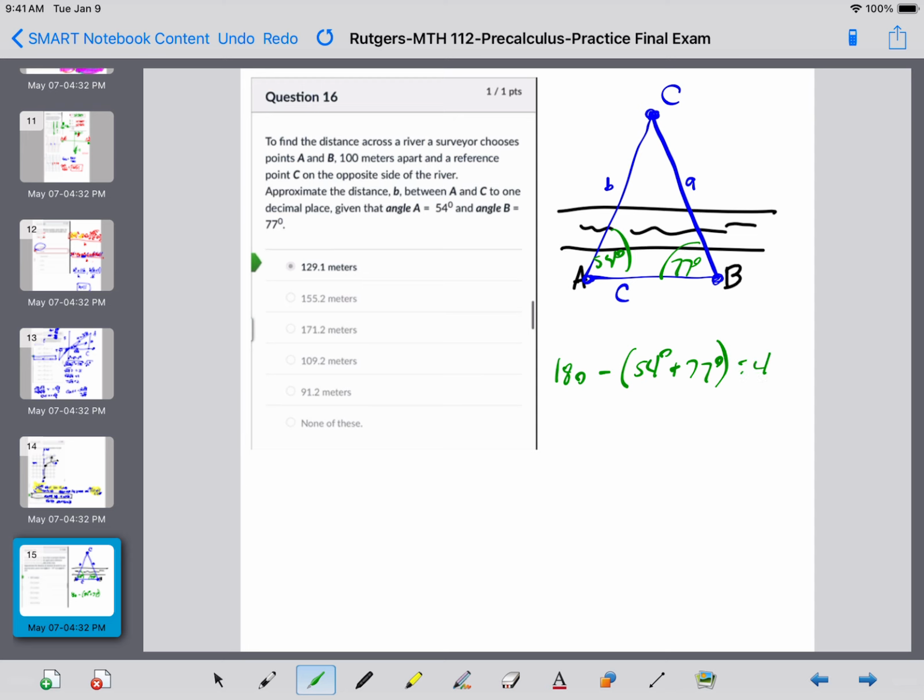You'd get 49. We said that this was 100 meters apart.